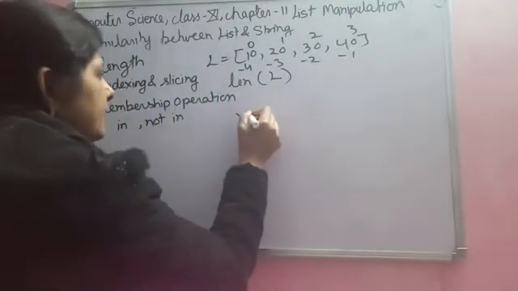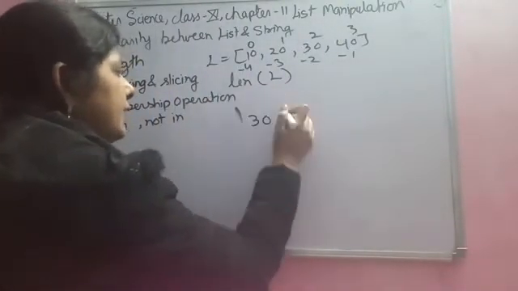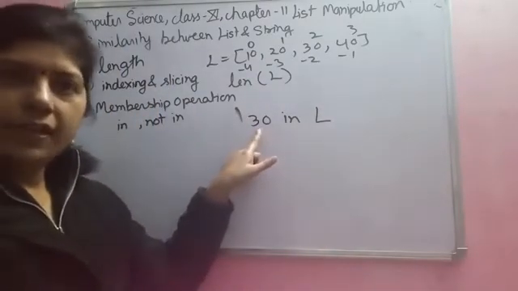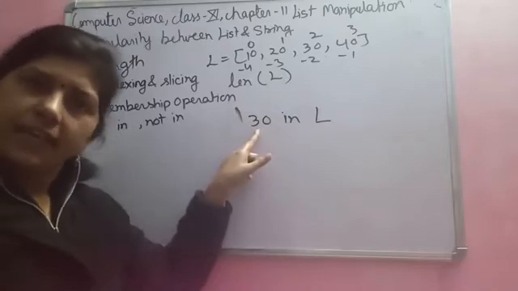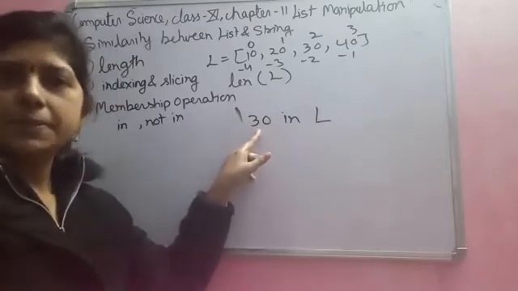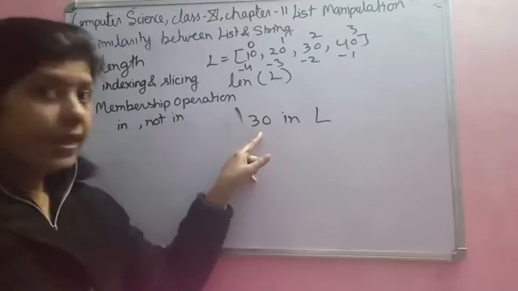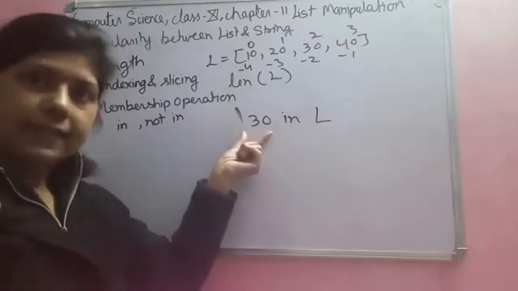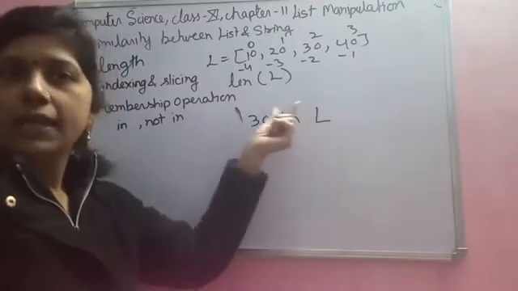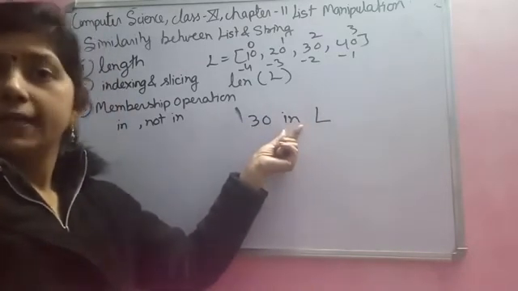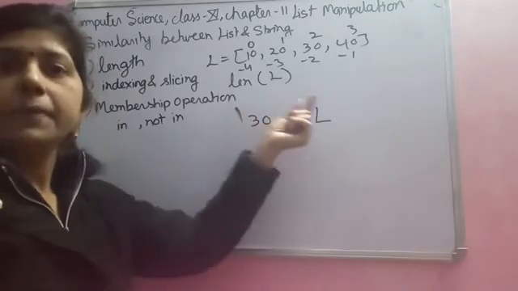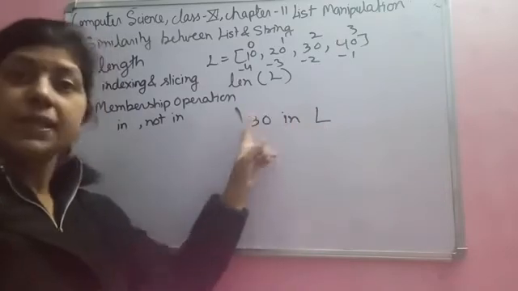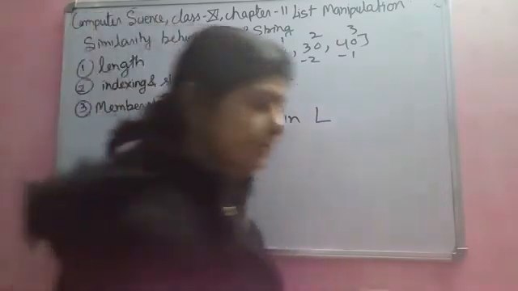If telling 30 in L, means it is checking is this item present in the list. If this item is present, it returns true. If this item is not present, it returns false. एक आइटम लेगा, लिस्ट का नाम लेगा ये इन ऑपरेटर और रिटर्न करेगा ट्रू अगर ये आइटम इस लिस्ट में प्रेजेंट है और रिटर्न करेगा फॉल्स अगर ये आइटम इस लिस्ट में प्रेजेंट नहीं है. राइट.